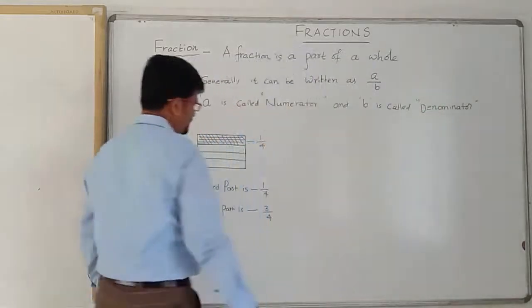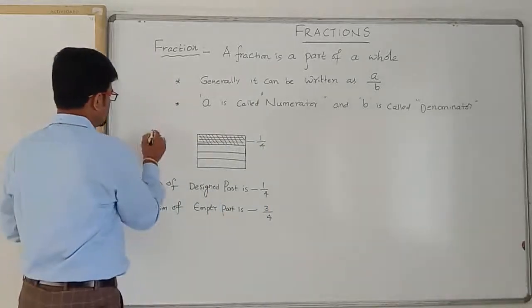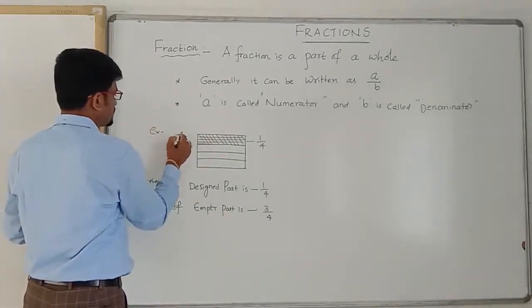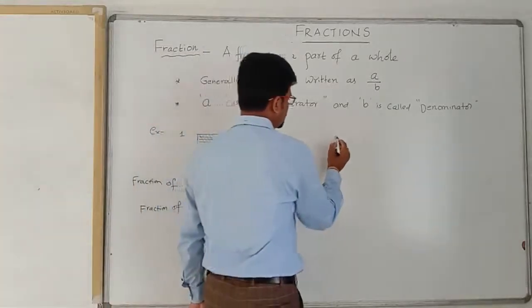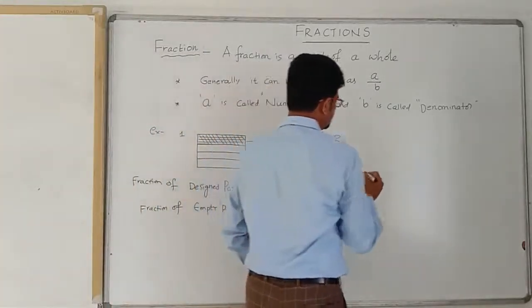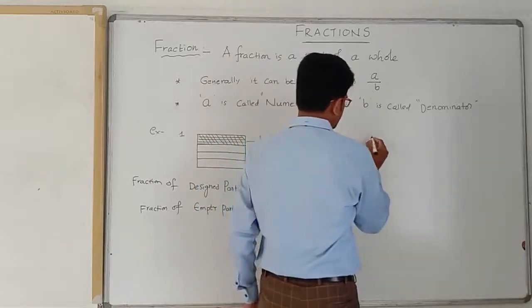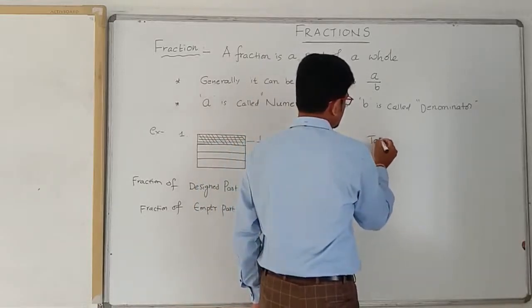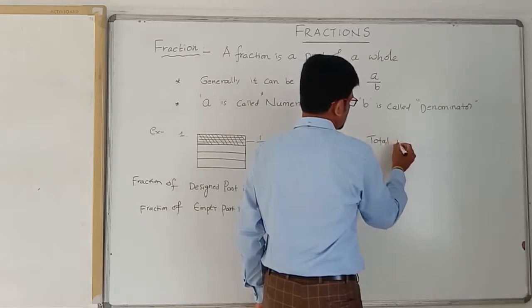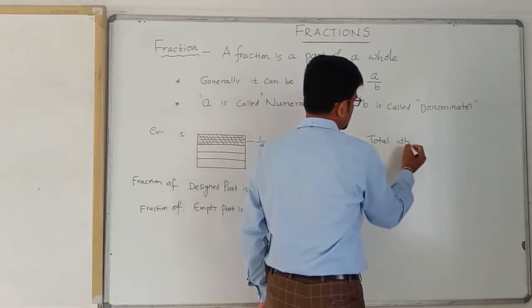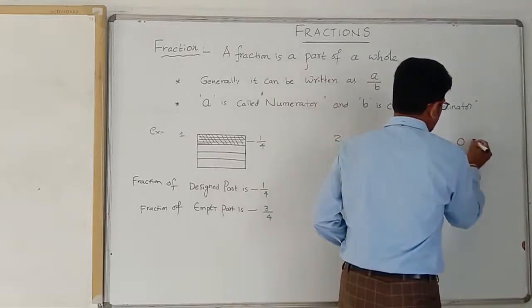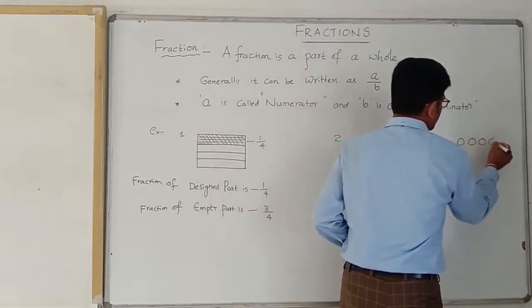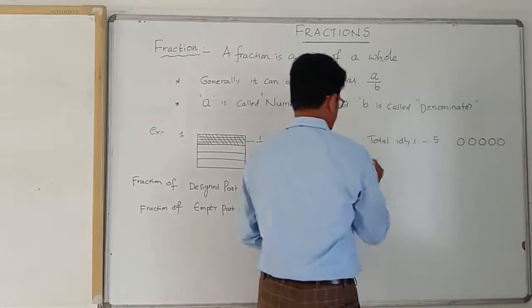Children, now this is example 1, and here it is example 2. Five idlis: 1, 2, 3, 4, 5.